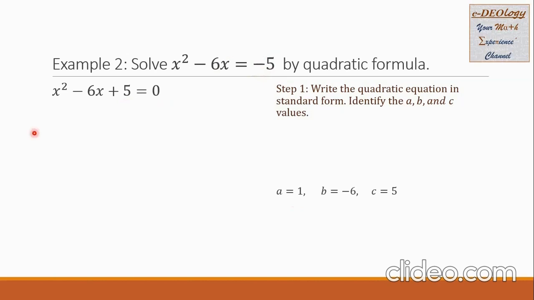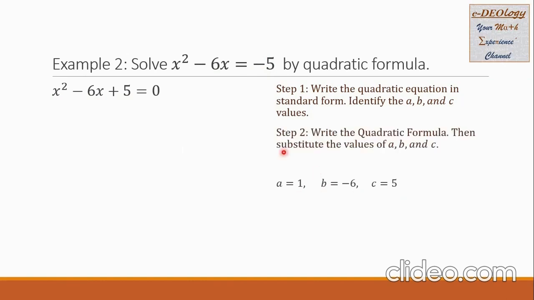For our a, the coefficient of x squared is 1. The b, the coefficient of x is negative 6. And the c is the constant. Step 2, we go now to our quadratic formula. Then we will substitute the values of a, b, and c.